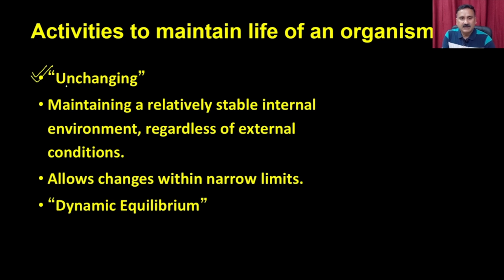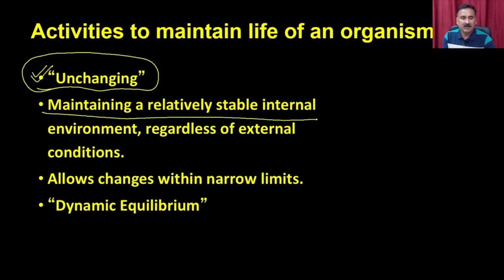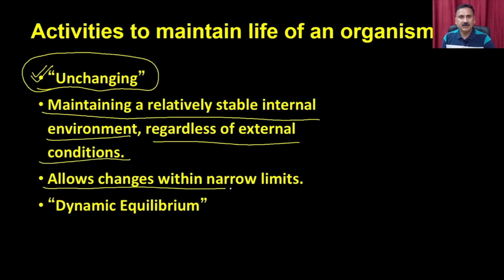One of the major challenges is that you have to maintain the body's equilibrium under changing conditions. This means you have to maintain a relatively stable internal environment regardless of the external conditions, and you also have to allow changes within narrow limits so that you can accommodate subtle changes.